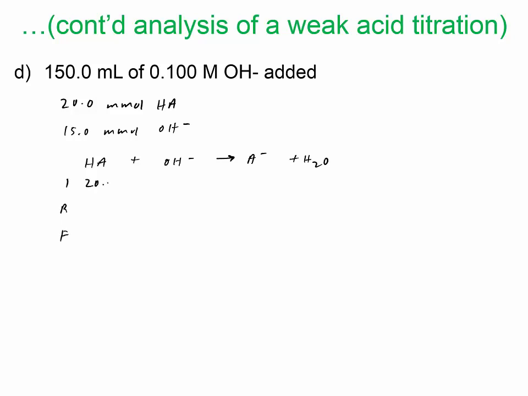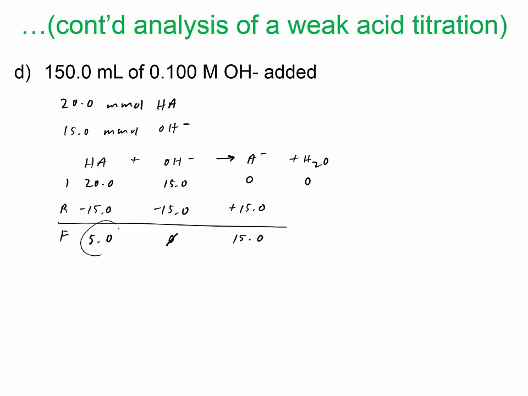So this is 20.0, 15.0. Again, all of the base gets consumed. At this point, we start to have a little bit more conjugate base than we do the acid. So this goes down to 5. This gets fully consumed. This is all the way up to 15 now, the conjugate.